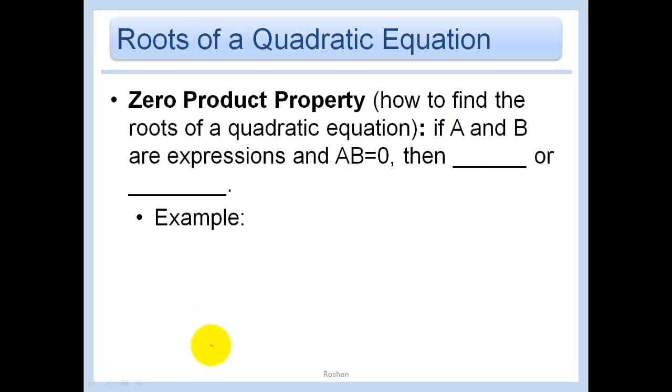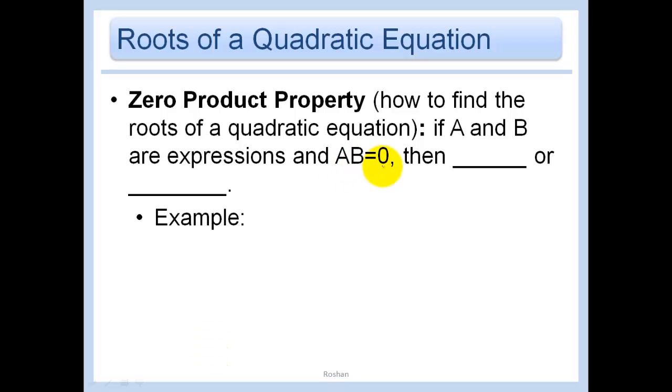Now let's do the zero product property, and we use this to find the roots of a quadratic equation. And I gave you a preview of this in yesterday's lesson. There's something very cool about if a times b equals 0.